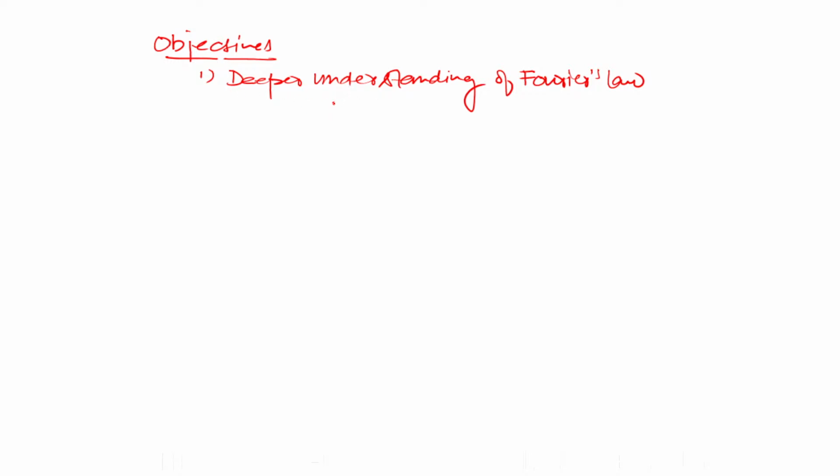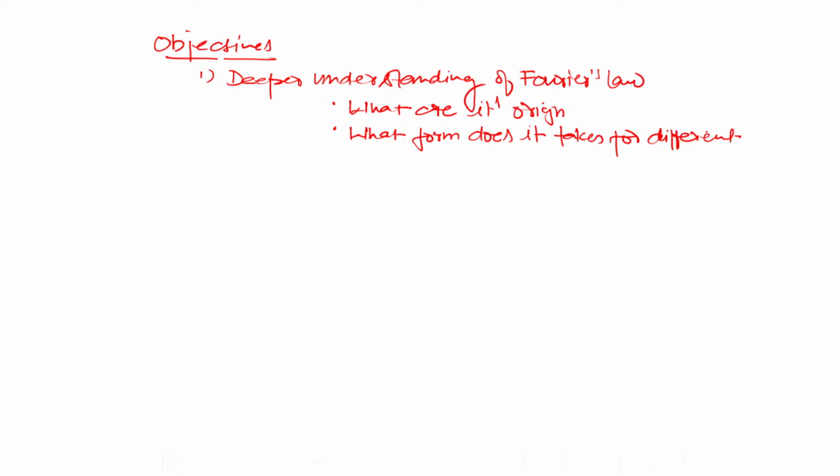What will come under this? Deeper understanding of Fourier's law. It means what is its origin, second, what form does it take for different geometries, how does its proportionality constant depend on the nature of the medium.